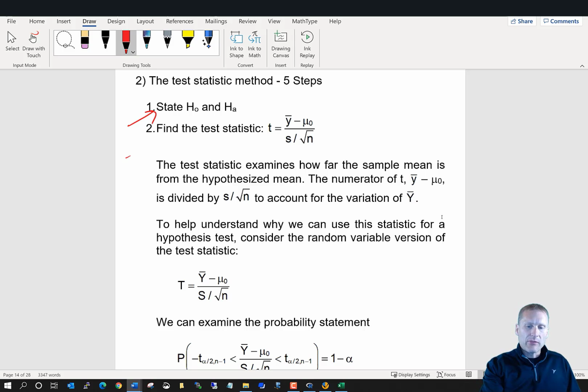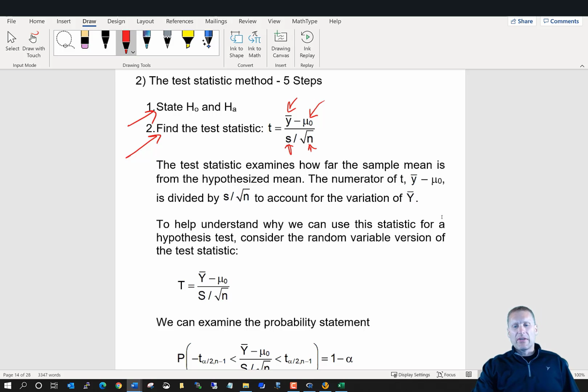And then step 2, rather than finding a confidence interval, we're going to find what's called a test statistic, where we find the sample mean, and now we subtract off that hypothesized value. So when we're forming the statistic, we're assuming that H0 is true. And then we divide by S divided by the square root of n.